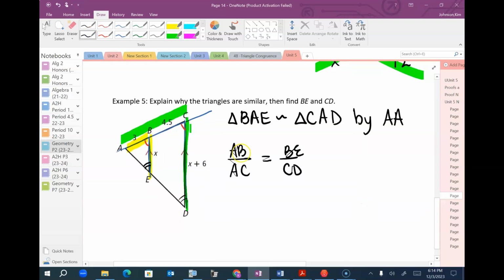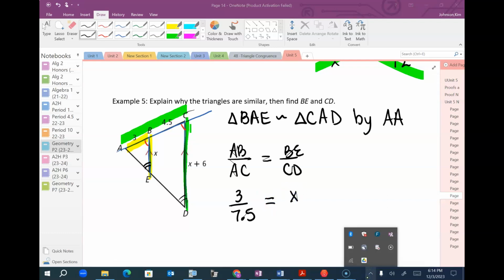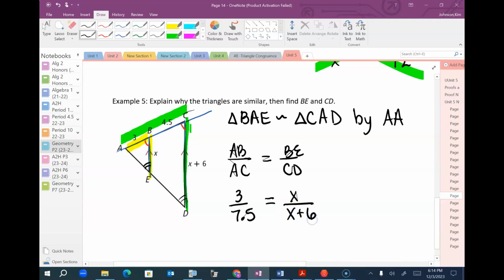Now let's go ahead and fill in those blanks. So AB is 3. AC, that whole length, is 3 plus 4.5, so that's 7.5. As x is side BE is to x plus 6.